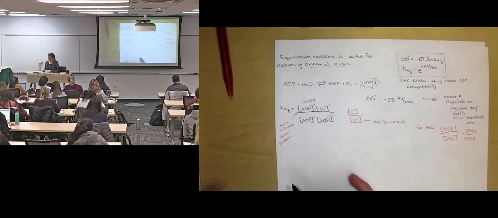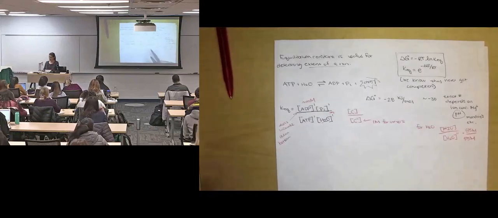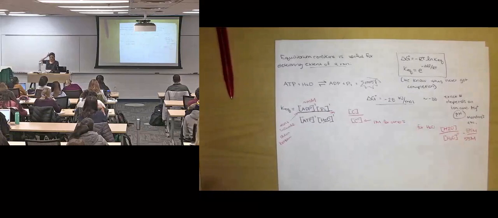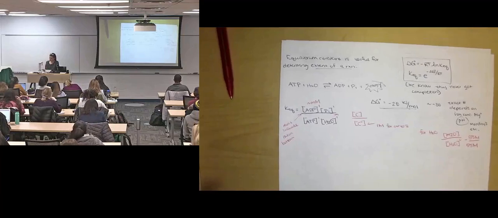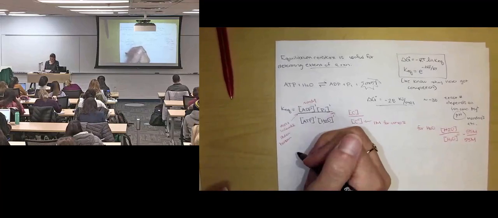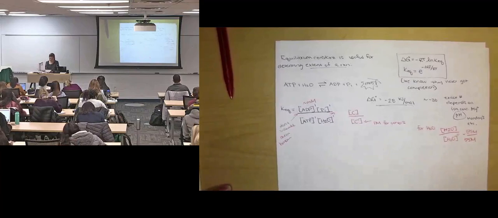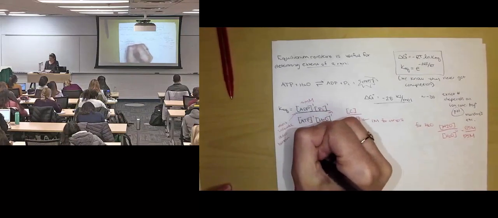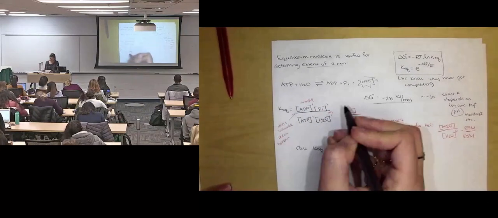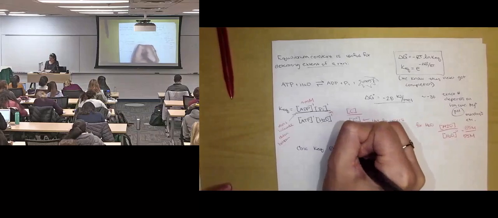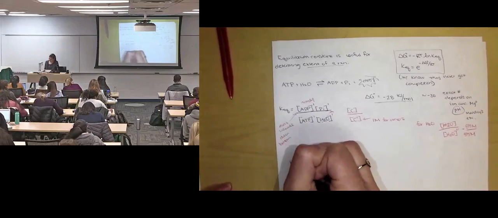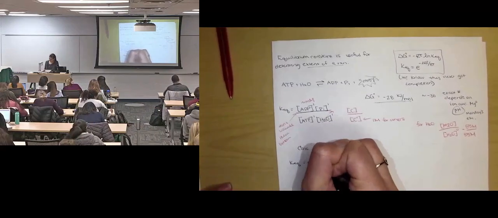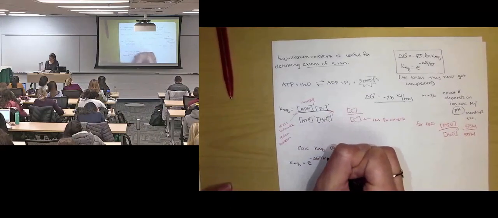So now that we have thought this through, we have this information, which maybe we got from a calorimetry experiment. Let's calculate our equilibrium constant at 298 Kelvin. We'll let that be our standard state temp. So KEQ is equal to e to the negative delta G over RT.